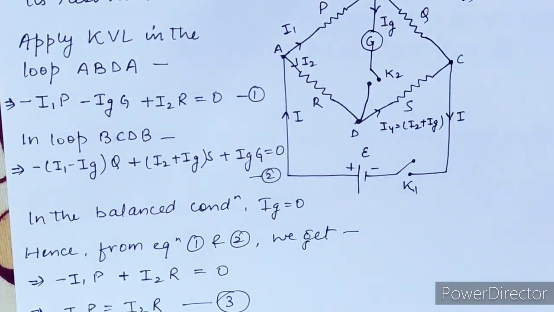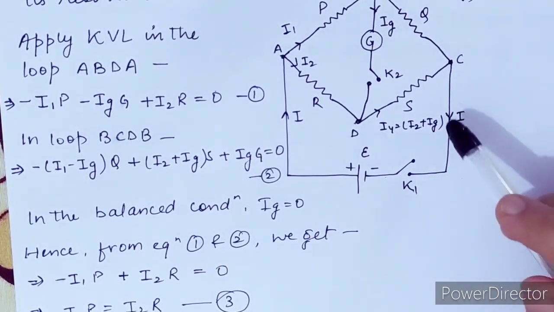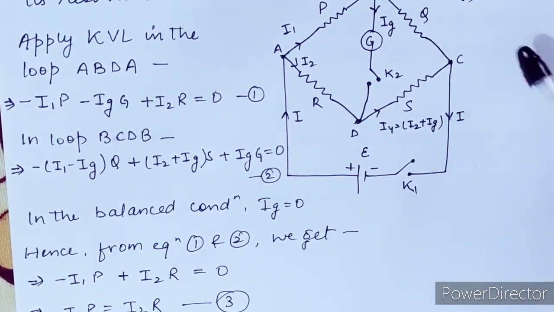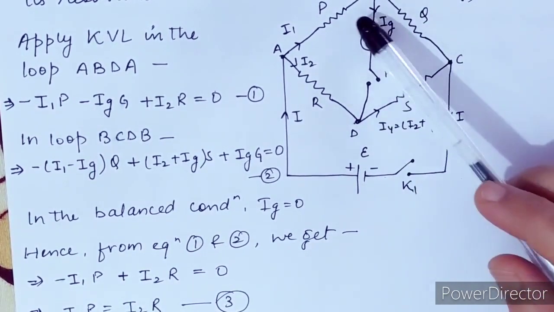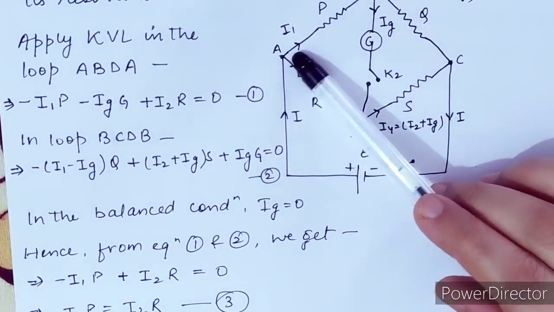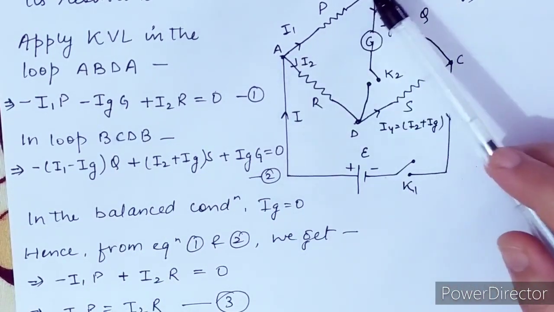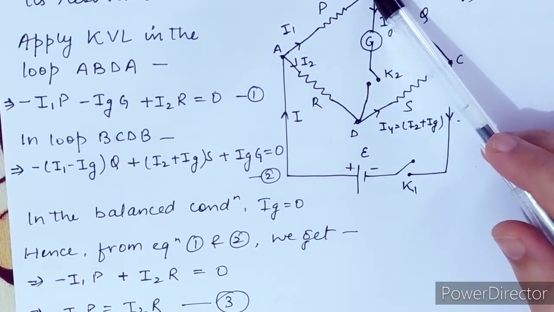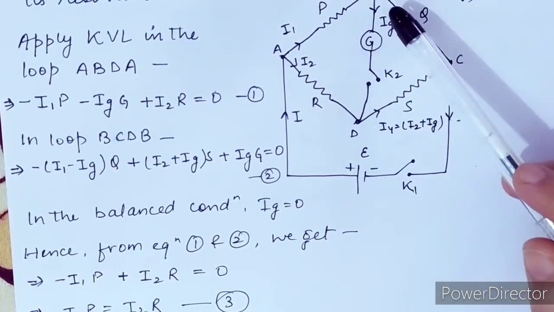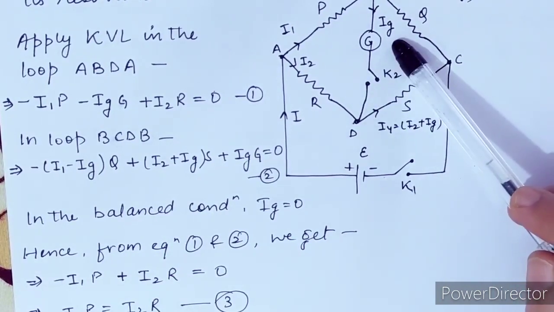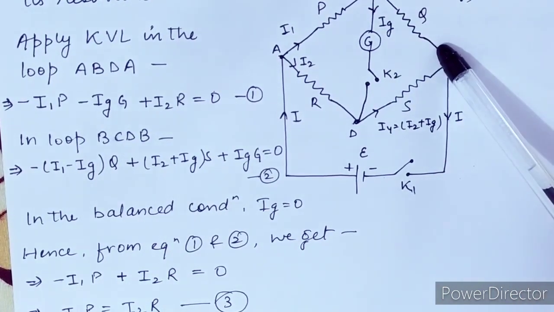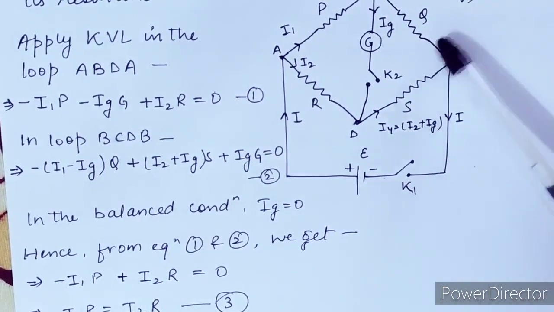In the first case we took, imagine that the potential at B is greater than the potential at D. The current coming from A to B is I1. As it reaches here, it is bifurcated into two parts: the current passing through the galvanometer, Ig, and the remaining through the Q resistance.